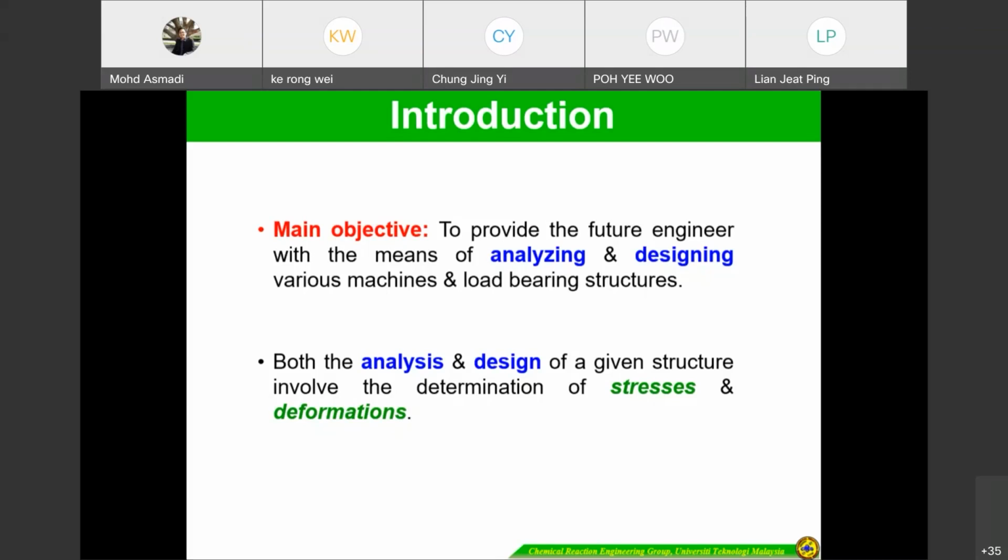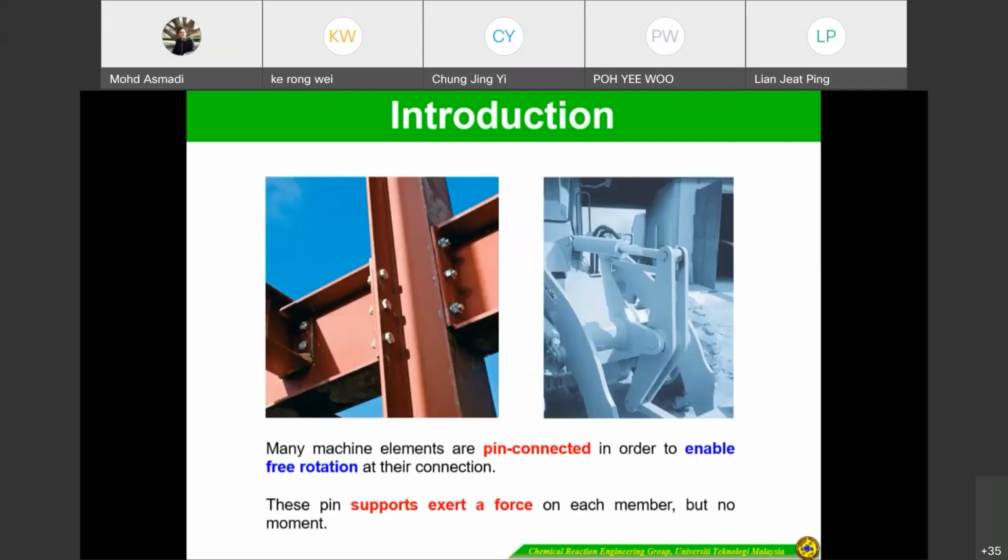When you apply a load, of course deformation or deflection occurs, so how can we analyze this deformation? Many machine elements are pin connected in order to enable free rotation at their connections.